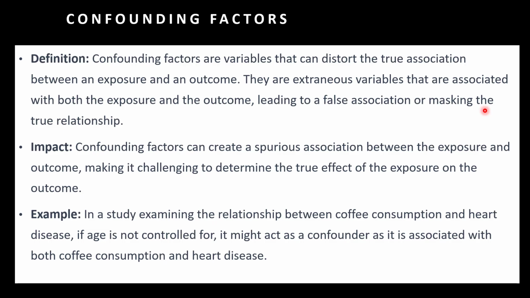So here, it is not the coffee who caused the heart disease, it may be the advancing age. If you don't report this confounding factor, and if you don't use a statistical method to adjust for this confounding, your results in the study or your conclusions are not 100% agreeable.